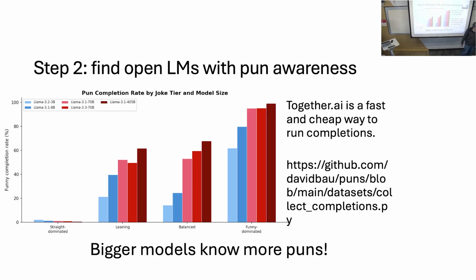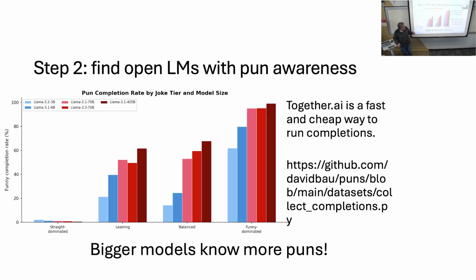The real challenge with any of these things is you can't study a phenomenon in an LLM that's too dumb to actually have the phenomenon, right? If the LLM can't take a joke at all, then there's no joke awareness to study. So the first thing you've got to do is find the LLMs that you can look inside. They're open LLMs, but they actually know the concept that you're interested in.